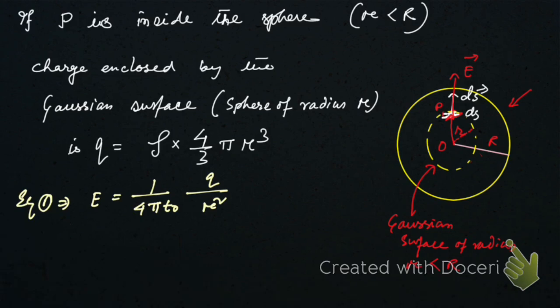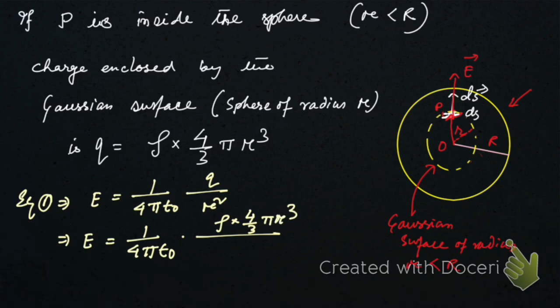So what we will get is 1 by 4 pi epsilon naught, and here rho into 4 by 3 pi small r cube by small r square. Here you can see clearly small r square cancels small r cube to give r only, and pi is gone, 4 is gone.